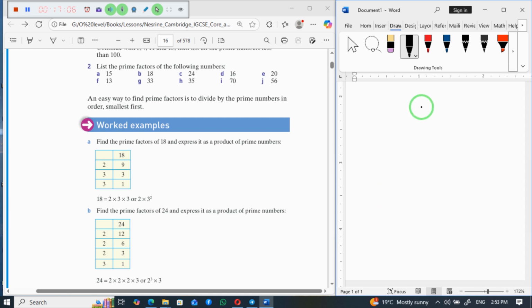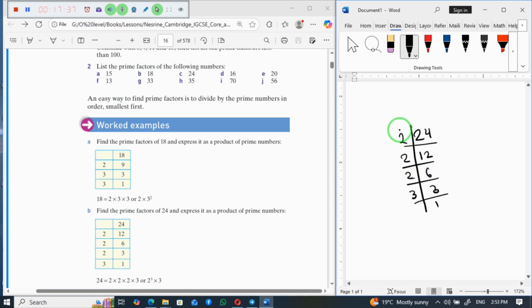Or another example, 24. We draw a vertical line and a horizontal line. Then we take the smallest prime number that divides 24: 24 divided by 2 is 12. Then 12 divided by 2 is 6. 6 divided by 2 is 3. And 3 divided by 3 is 1.